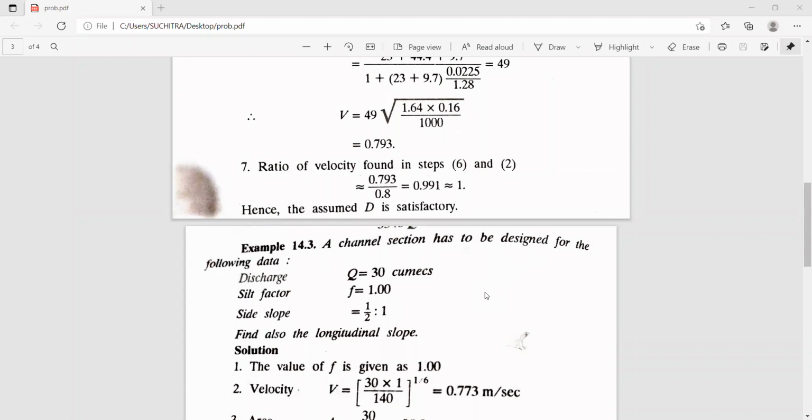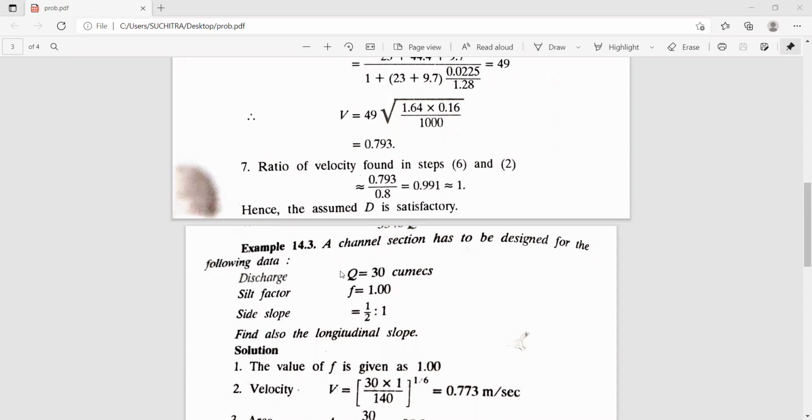We have already discussed the step-by-step procedure under Lacey's method of channel design. If the value of F is directly given, then you can omit the second step wherein you have to calculate the silt factor. Here the side slope of the canal will be given, 1/2:1. It is of no importance. Next, find the longitudinal slope of the canal.